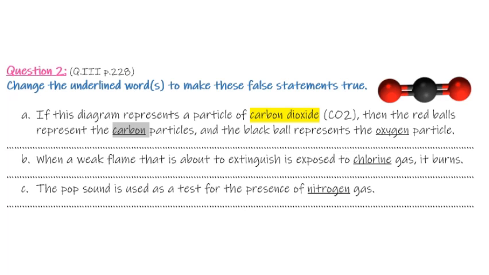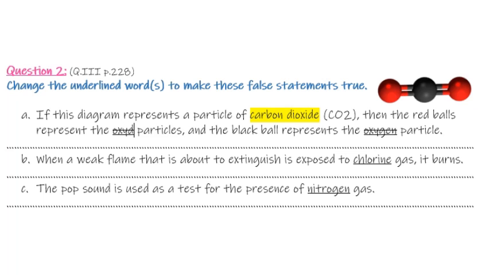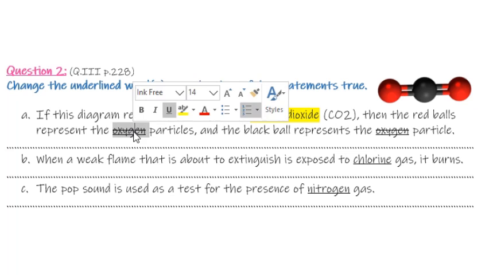Okay? These red balls are oxygen particles, while the black one is the carbon particle. So what we have to do is to change these two words. The red balls represent the oxygen particles.